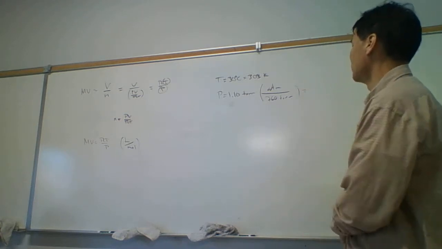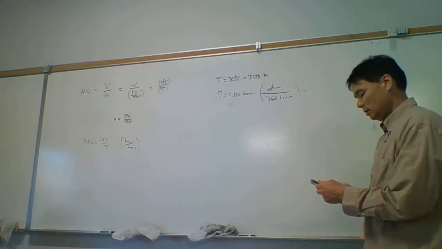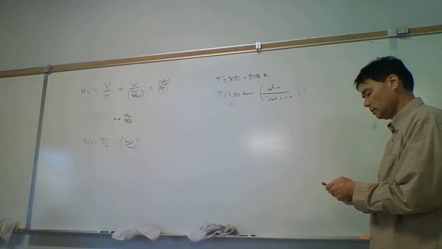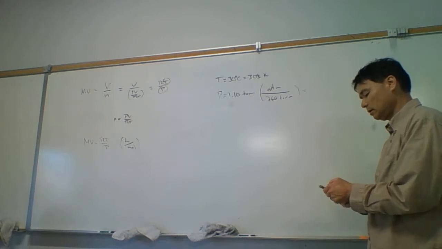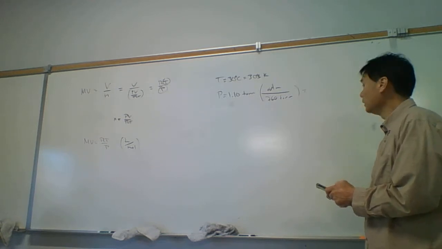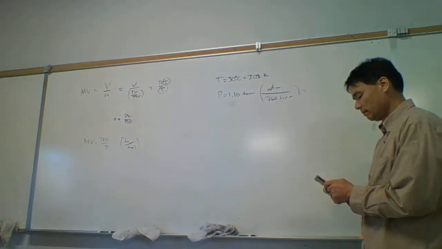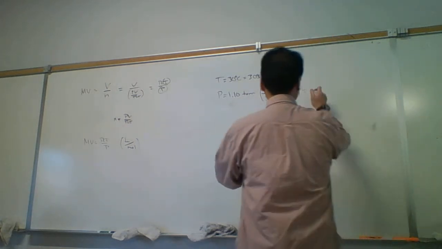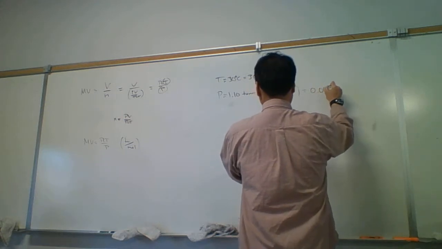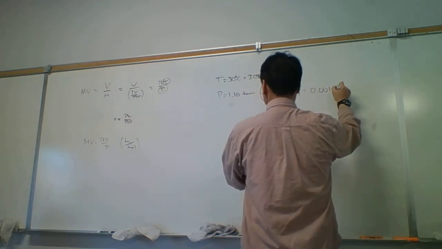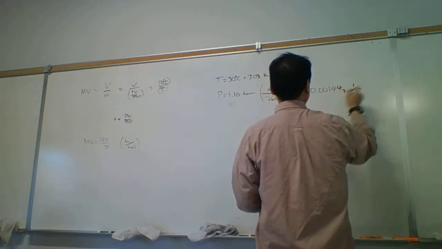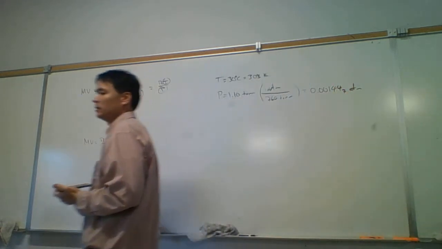Let's see what it is: 1.1 divided by 760 is 0.001447 atmospheres. It's like 1/1000th of an atmosphere.